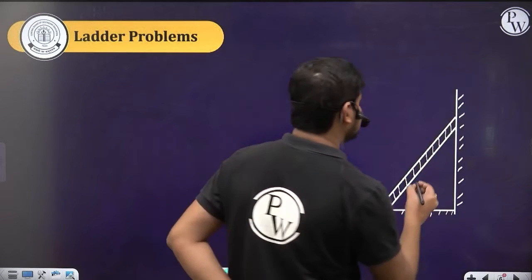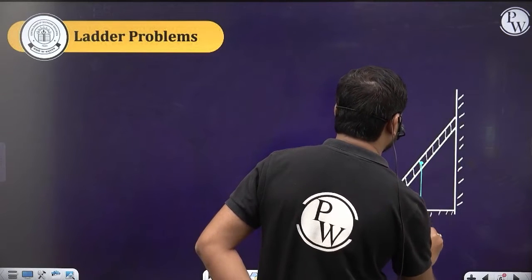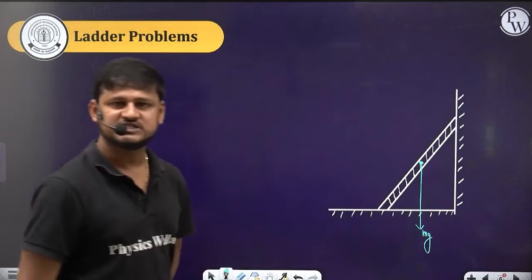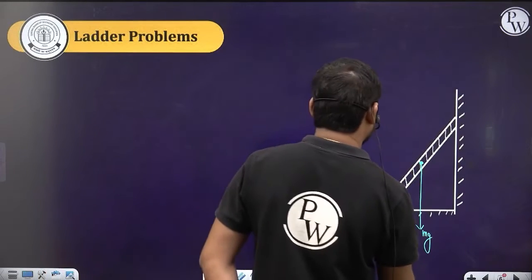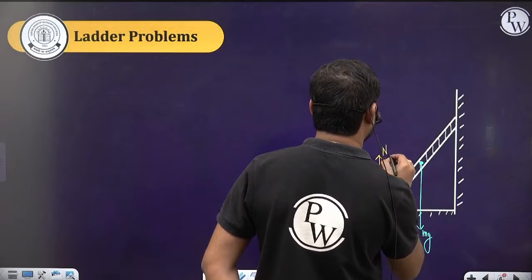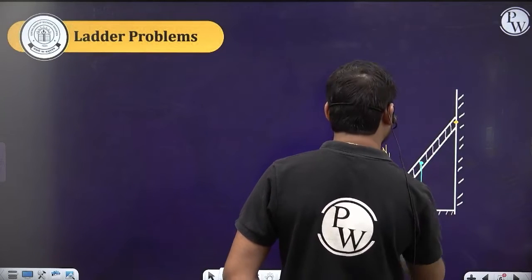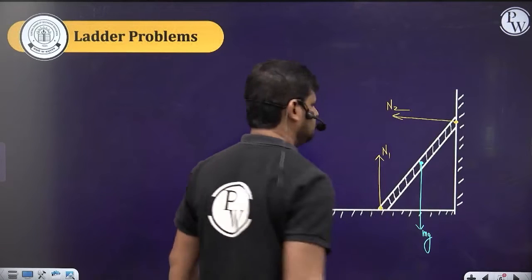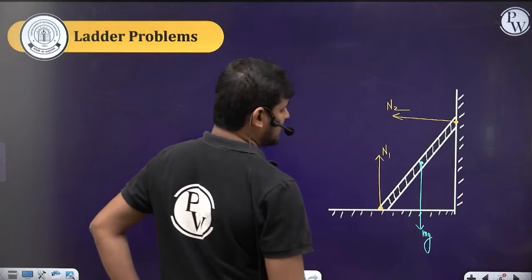Let the ladder have some mass m, so its total weight mg will act downward. At the points of contact, normal reaction 1 acts this side, and normal reaction 2 acts this side. Yes or no? Next, what are the other forces?